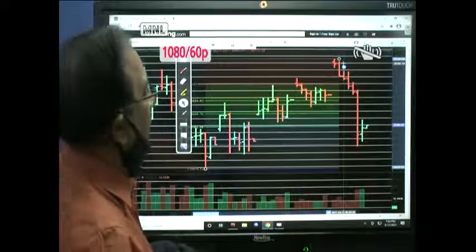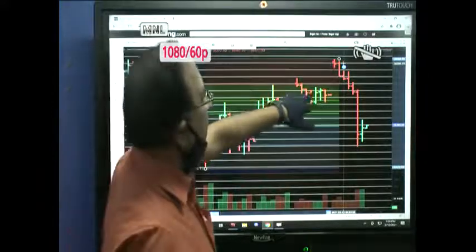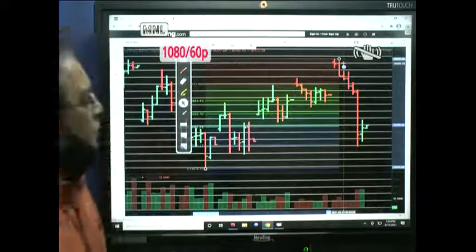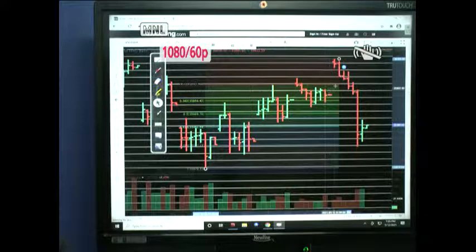So this area, today, was the 23.5% retracement for this move, which was at 36,087, and then it was 35,850.